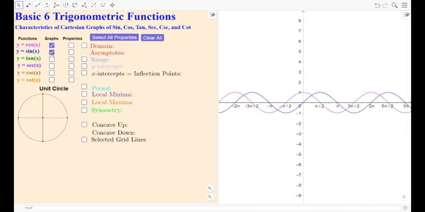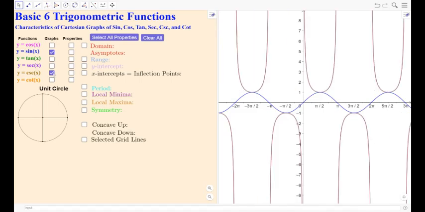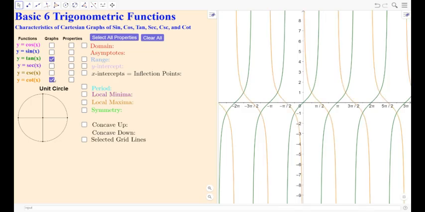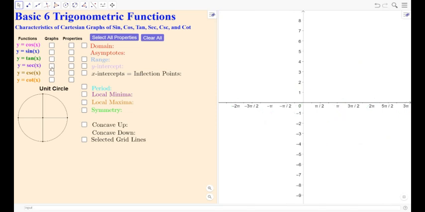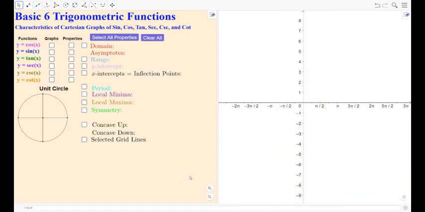Again, the graph of cosine, sine, secant with the cosine, sine with the cosecant, tangent with the cotangent, tangent with the secant, same asymptotes, cosecant with the cotangent, same asymptotes. So lots of interesting connections and things about the shapes there.